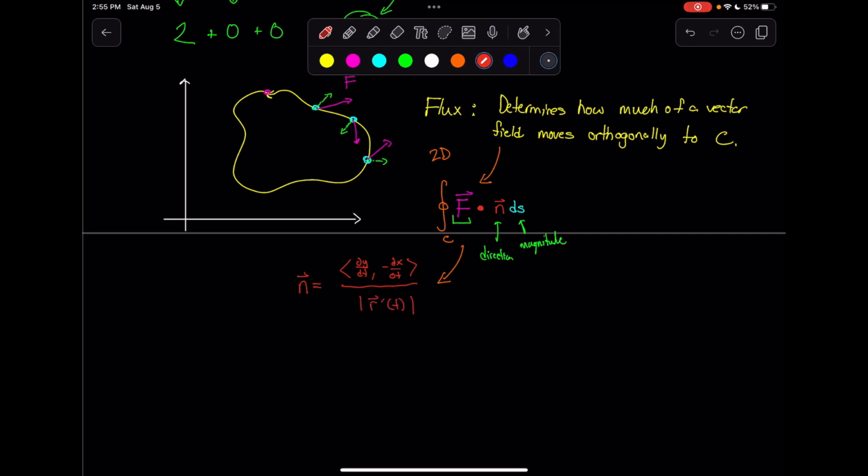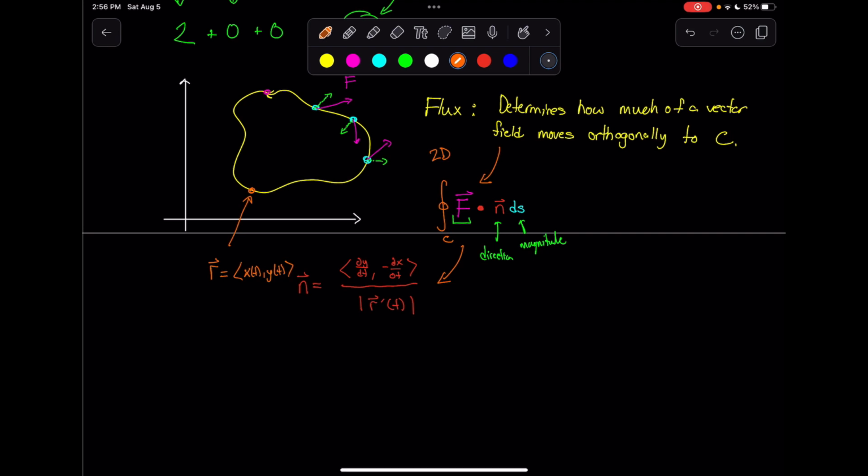So let's try and remember where this comes from. If we parameterize this path C using the vector r, and the vector r has its own components, x of t and y of t.